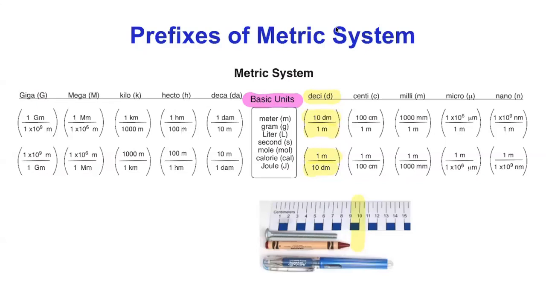Then we're going to go 100 times smaller, or 1/100th of the meter is a centimeter. So we can write 100 centimeters in a meter, or 1 meter has 100 centimeters. In centi, think of century, that means 100. And here's 1 centimeter right there.